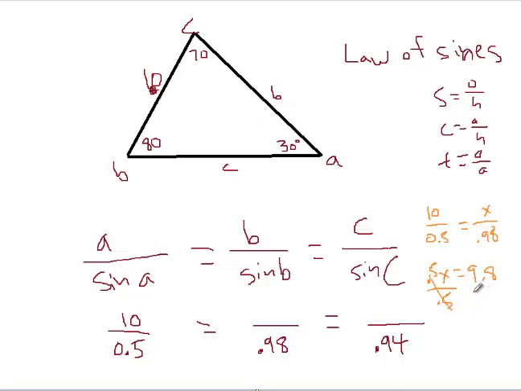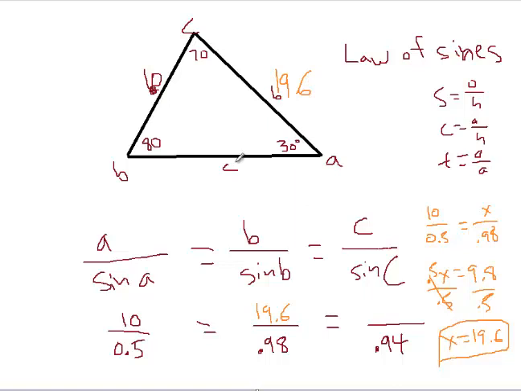Divide by 0.5, and x is going to equal 19.6, which I believe is correct. So we're going to put 19.6 over here, which means that side B is 19.6.